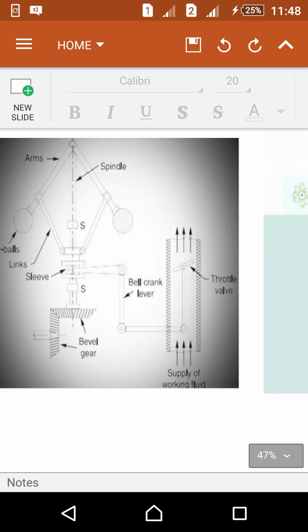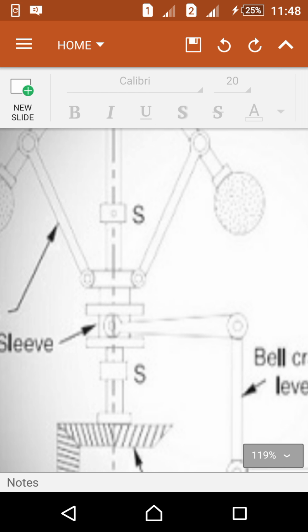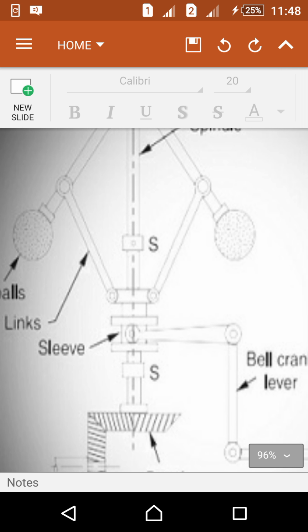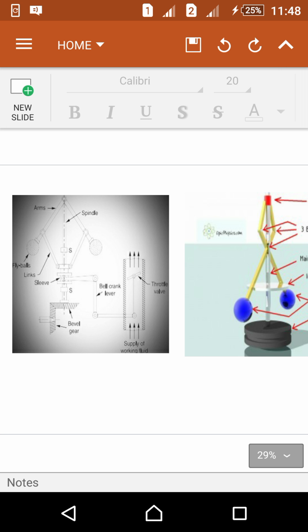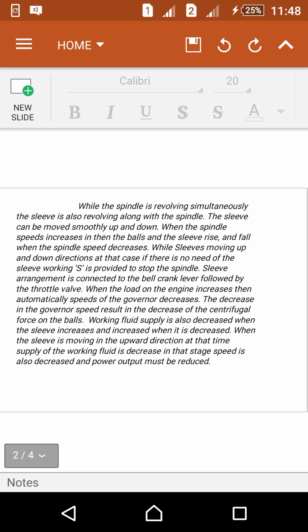When the sleeve is moving up and down, the spindle is not stopped; it keeps working. The last point is that when the sleeve is moving in the upward direction, the supply of working fluid is decreased.